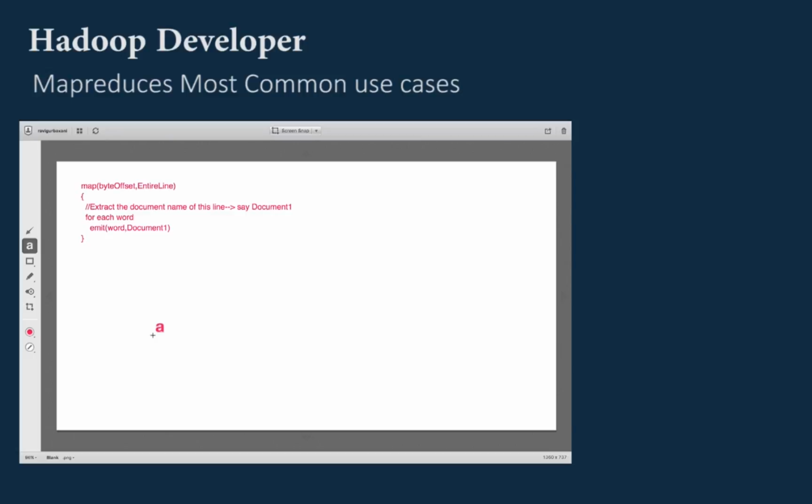And from the mapper, what we get for a certain word is something like this, and let's say R was present in a certain document 10 times.